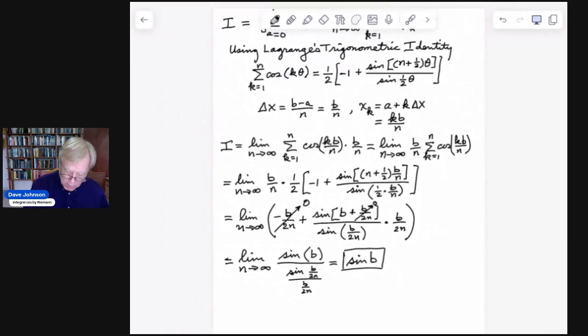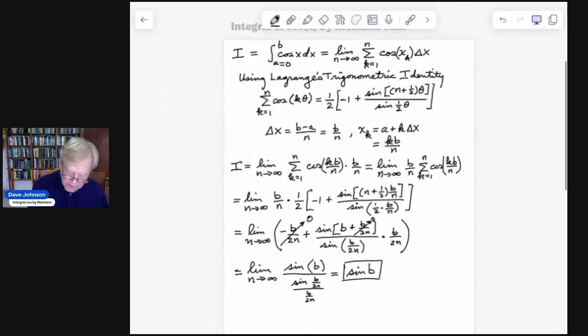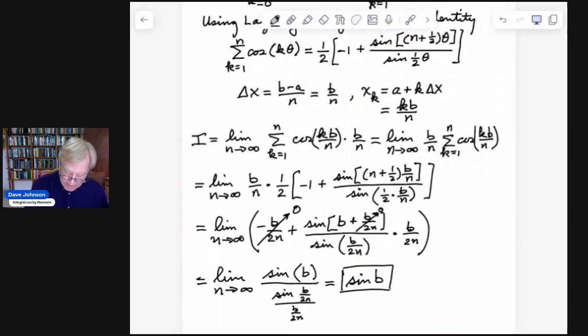Now, you might say, well, wait a minute. We wanted the integral from a to b of cosine x dx. And all we've really got is the integral from 0 to b of cosine x dx. Well, that's going to be easy to fix. Let me go ahead and show you how to do that.